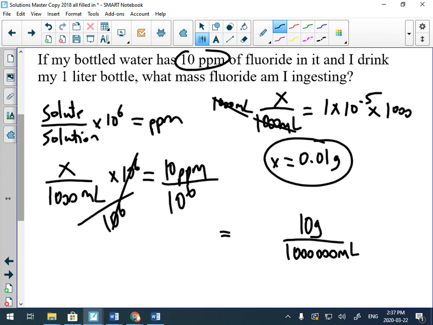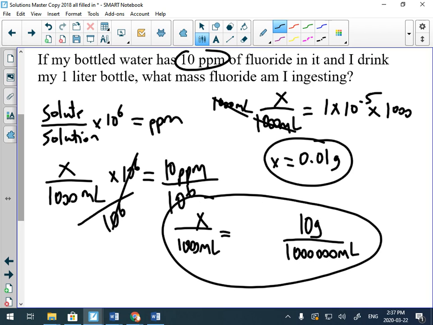And that's equal to, in our ratio, we have a 1 liter bottle, which is 1,000 milliliters over X. Some people really like that ratio and they cross multiply and divide. You're going to get the same answer of 0.01. But that's what 10 parts per million means: 10 parts in a million parts of something else.